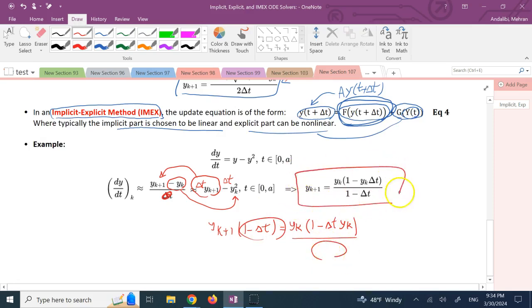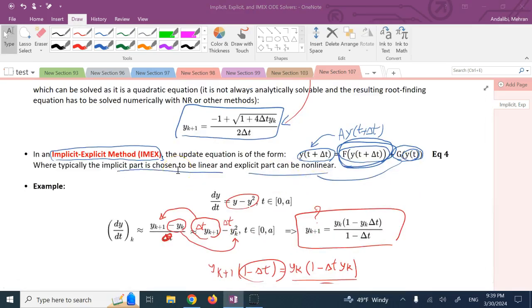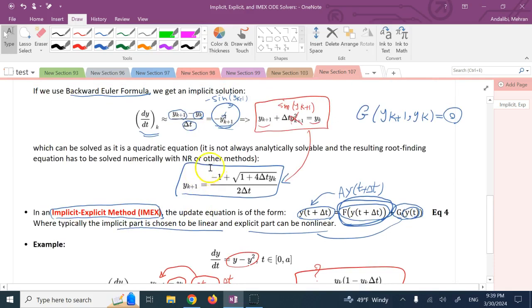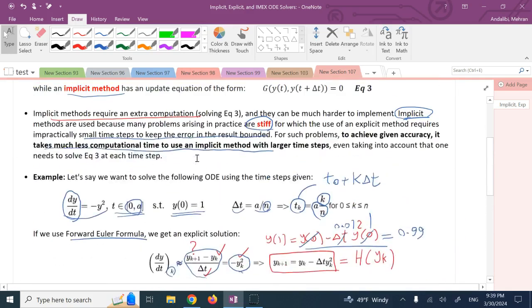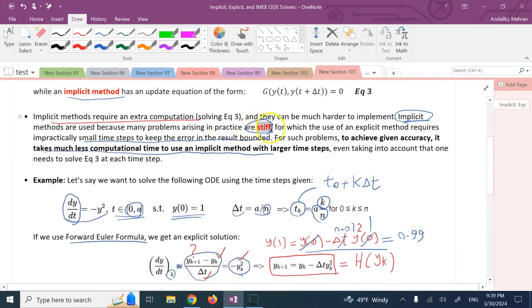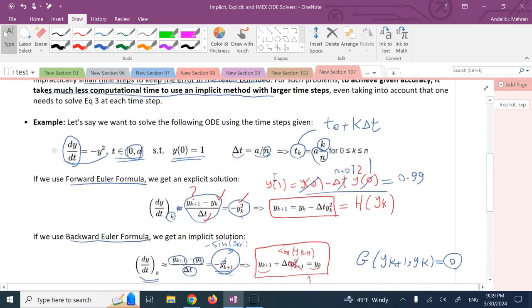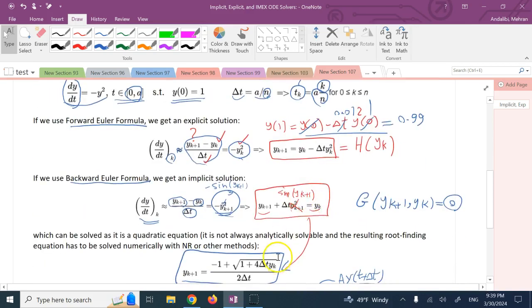So if we want to know why we have these IMEX methods, the answer is that we are dealing with stiff equations, as I mentioned earlier, and we want to solve for them, yet we want to avoid this root finding problem, which is a time-consuming thing.